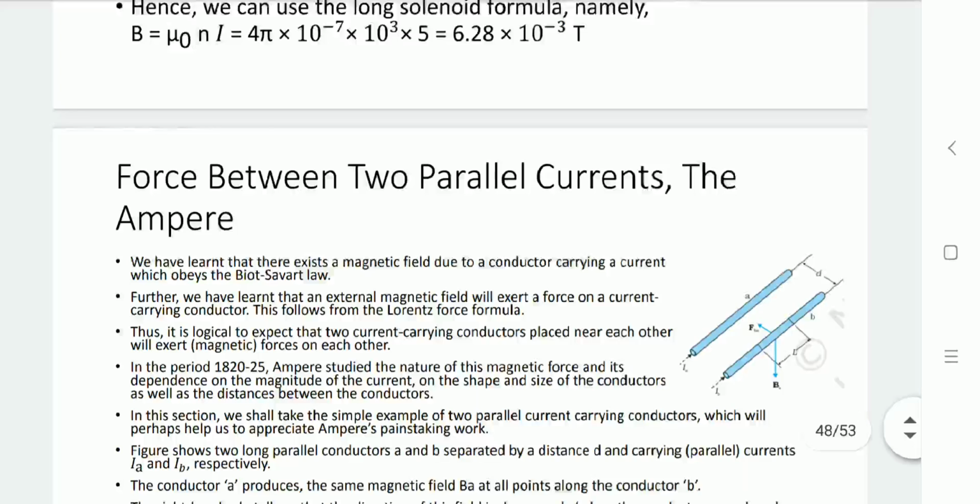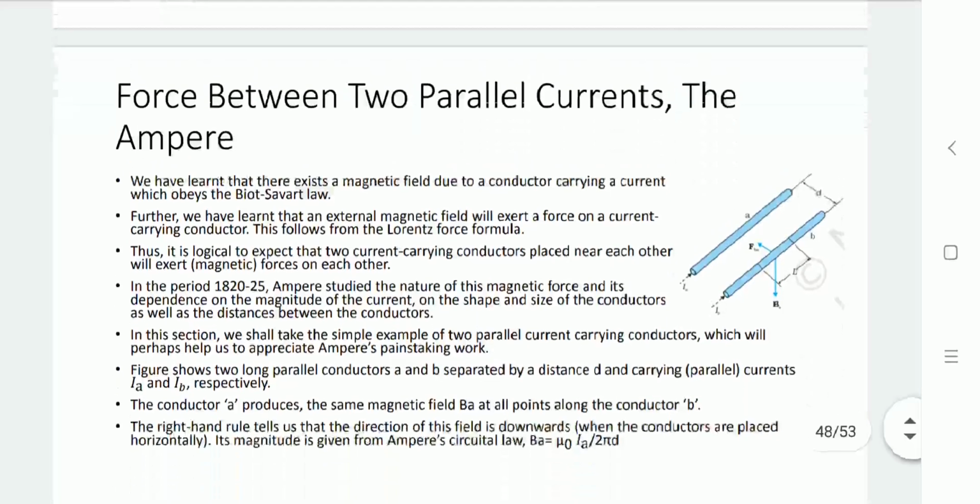Now go for another topic, force between two parallel currents, based on the Ampere law. As we already learned, the magnetic field due to a conductor carrying a current follows the Biot-Savart law.